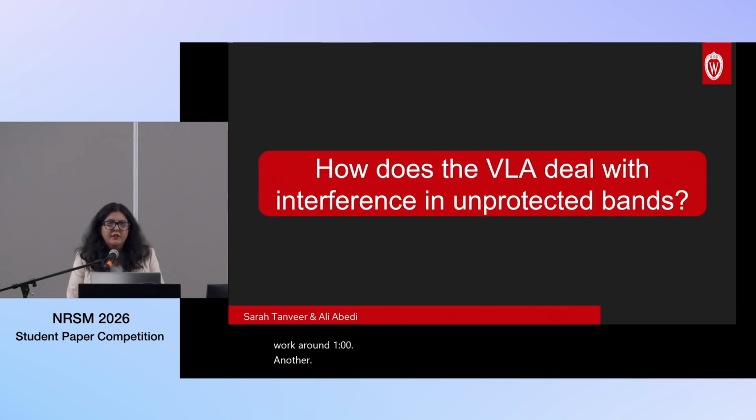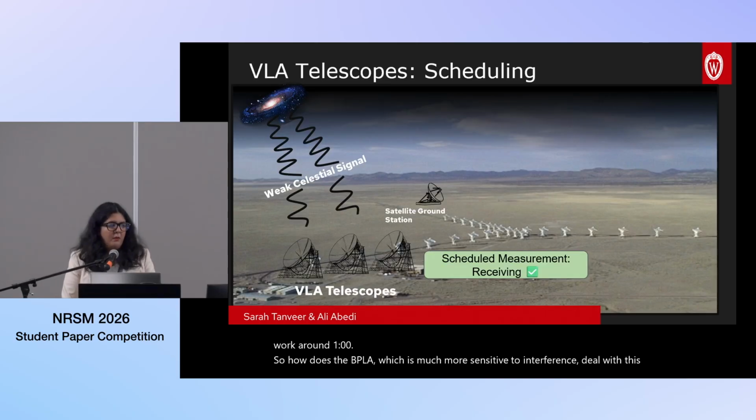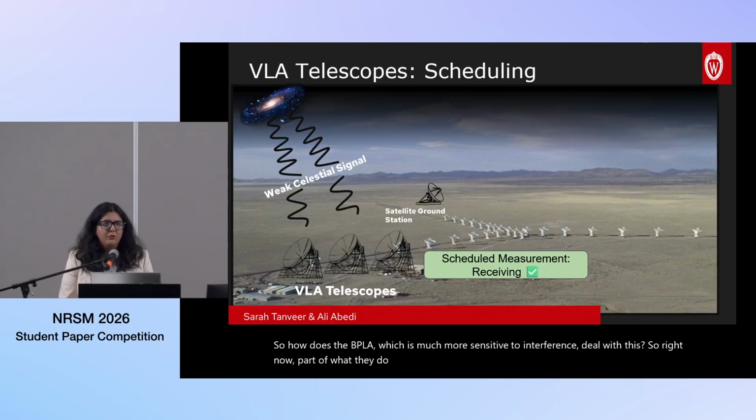So how does the VLA, which is much more sensitive to interference, deal with this? Right now, part of what they do is to follow a strict schedule. Let's take the example of the other users in the band, which are satellites.